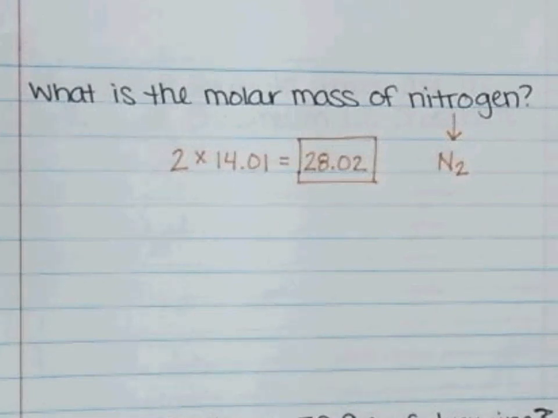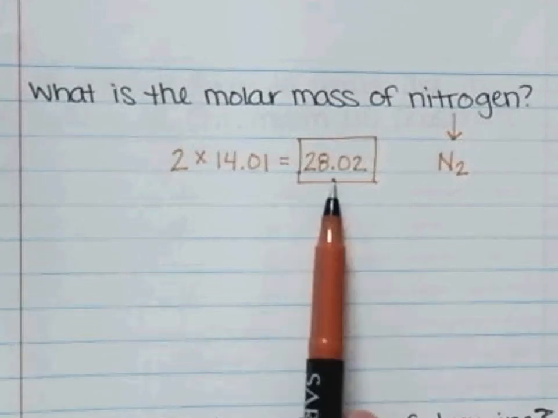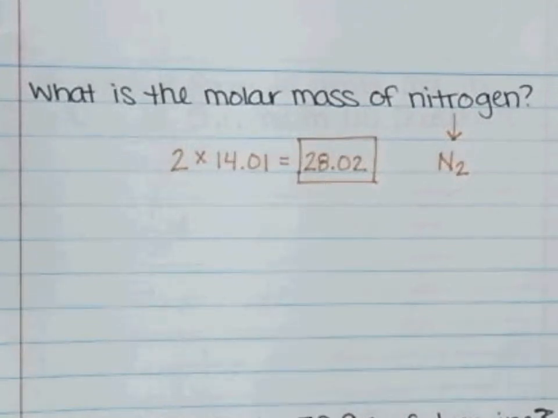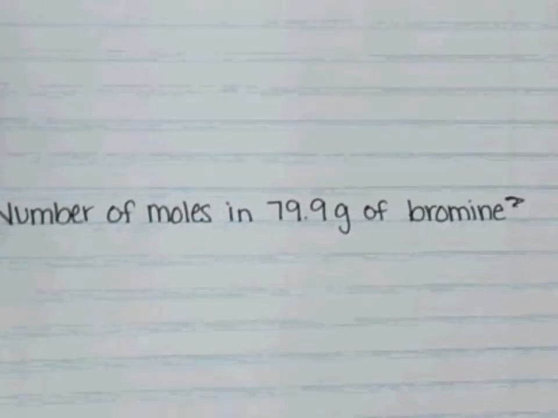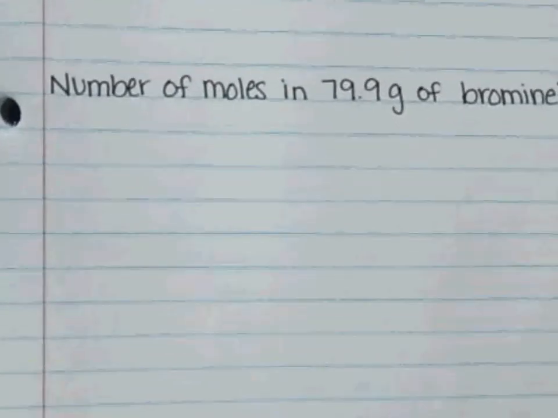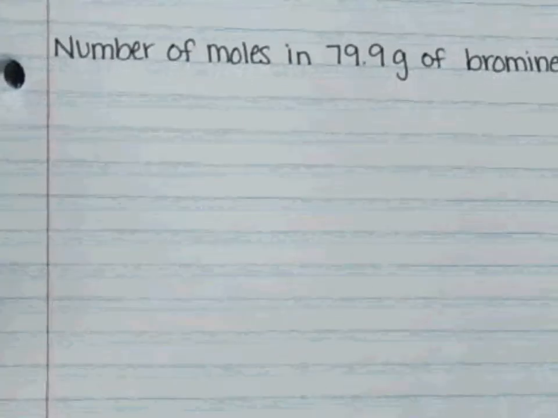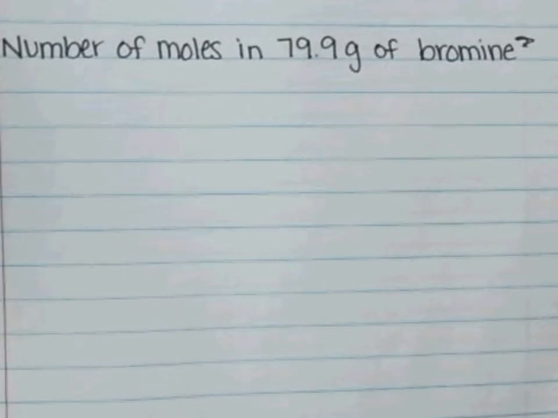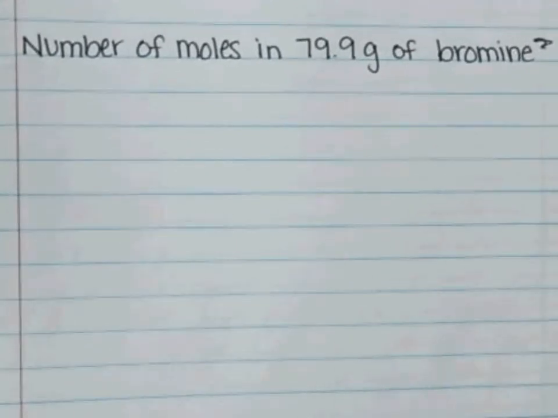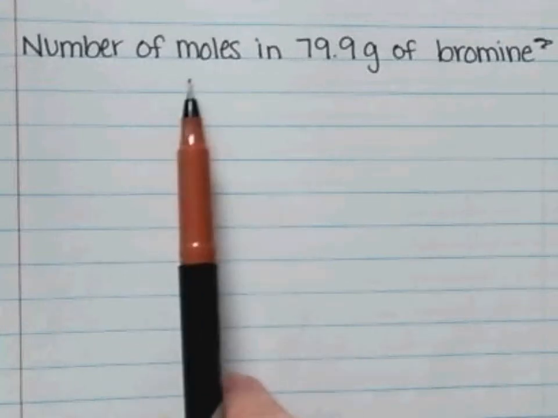So my answer is going to be 28.02. Please be aware that on your Magic Square homework, for this problem we don't have sig figs. Our sig figs depend on what our periodic table told us. So when you're looking for the answer for your Magic Square, just keep in mind that your answer should be really close to 28.